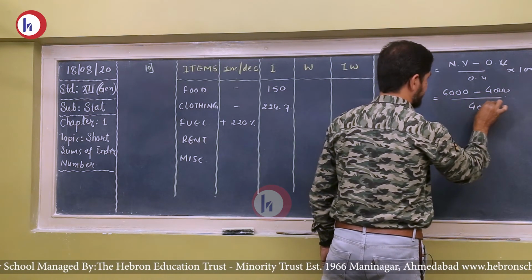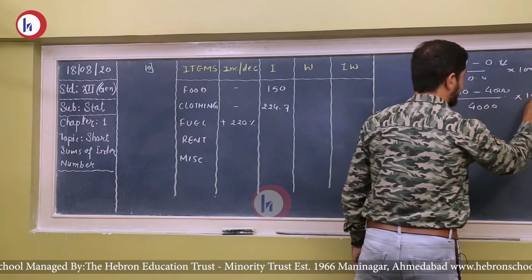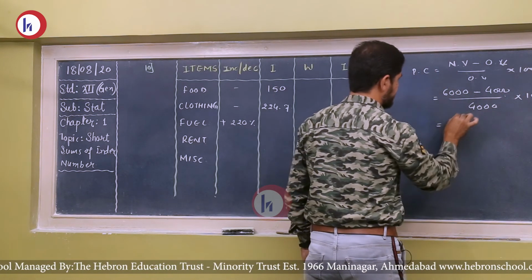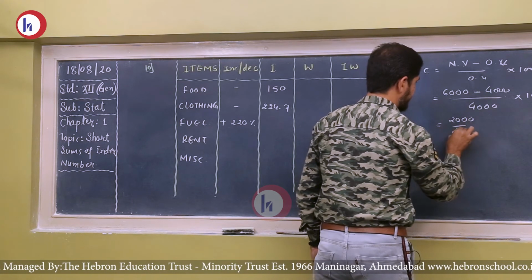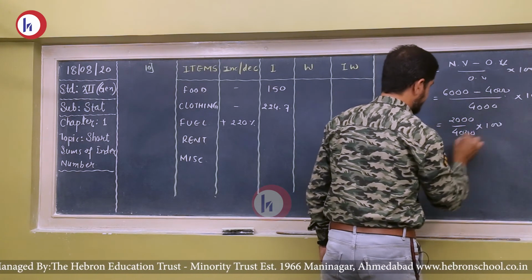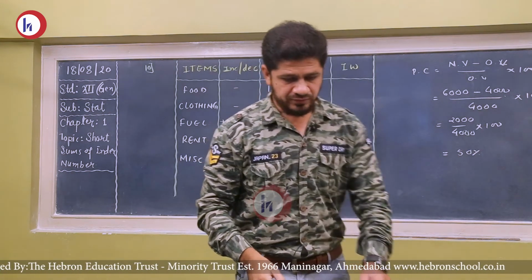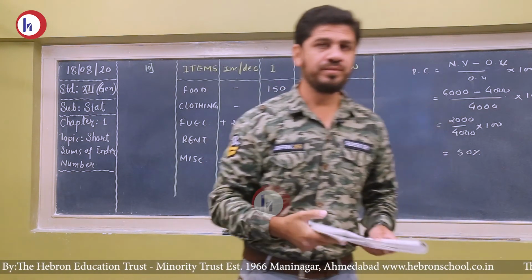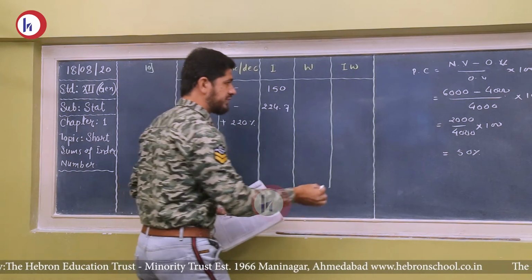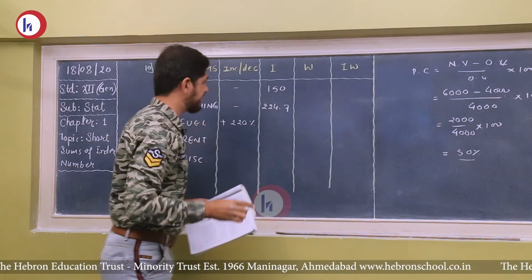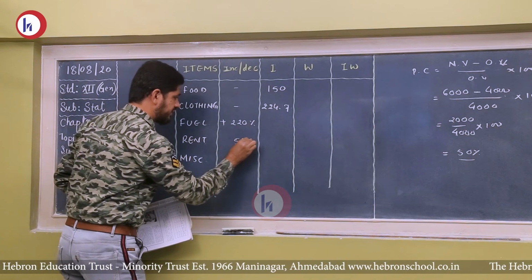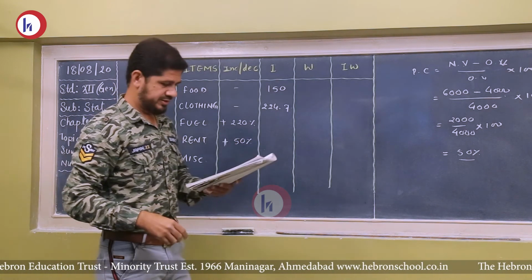So the percentage change is 2,000 divided by 4,000 into 100, that is 50%. The word given is increased from, so it is the increased value, not the direct index, right? So we put it in this column as increased.